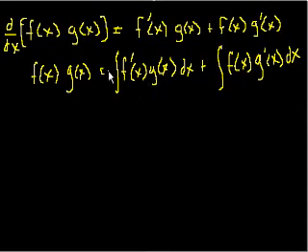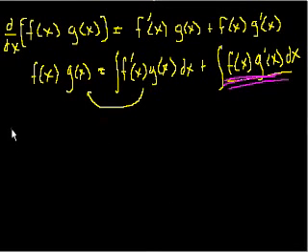Now, this might seem a little bit arbitrary, and it is a little bit arbitrary. I could take either of these, but let me take this one and move it to this side of the equation. So I'm going to subtract this term from both sides. Let me change colors because this could get confusing.